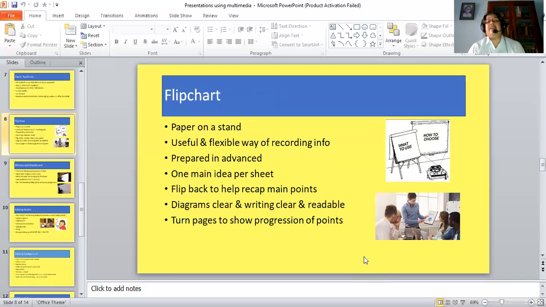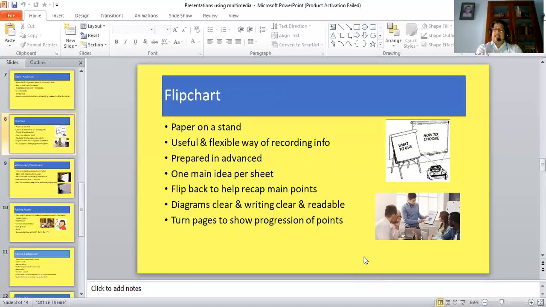Basically, it is convenient because we can write on them as we are giving the presentation, but obviously you cannot spend too much time writing, so a good bit of the flip chart material has to be chalked out or prepared in advance, because if you spend too much time writing, obviously you'll find it difficult to speak to your audience at the same time.